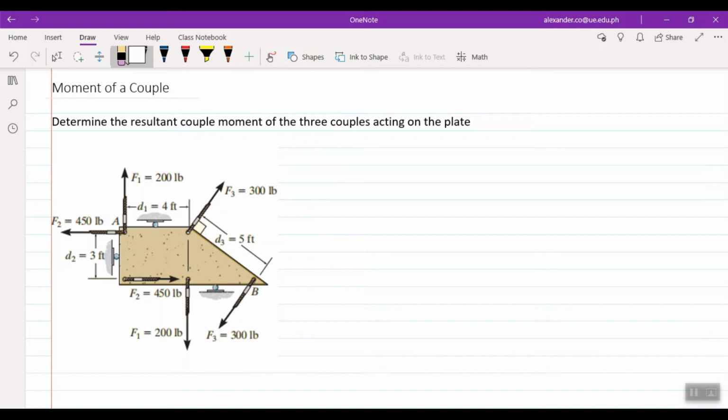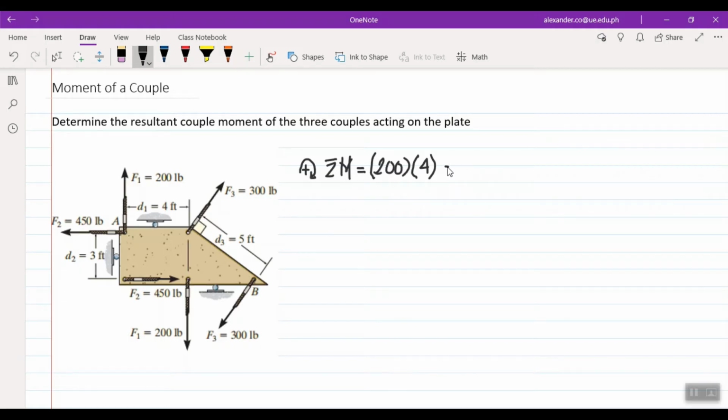Let me write it down. Summation of moment. In this case, clockwise is positive. Force 1 is 200 times the perpendicular distance, d1, which is 4 feet. I didn't put the units yet, later in the final answer. It's positive because it's clockwise.